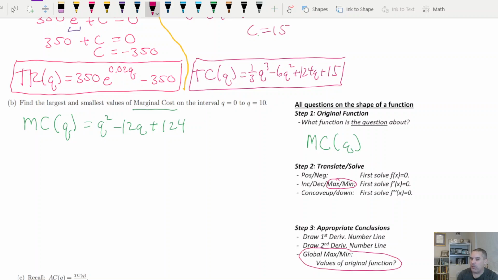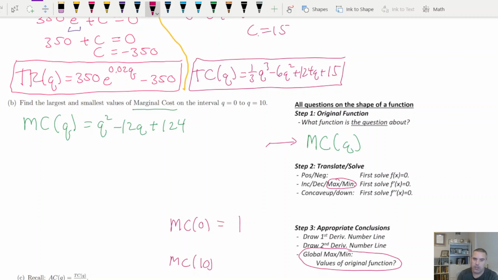So you should have a plan of attack for how you do those sorts of questions. Okay, so in the end, you're going to plug in to your original function and see which thing wins. You should already know that you're going to plug in 0 and 10. So at the end of this question, you're going to plug in 0 and you're going to plug in 10 and you're going to see what this gives you.